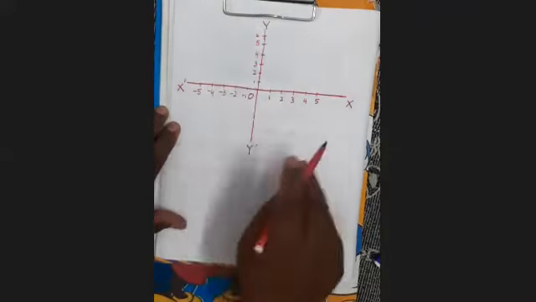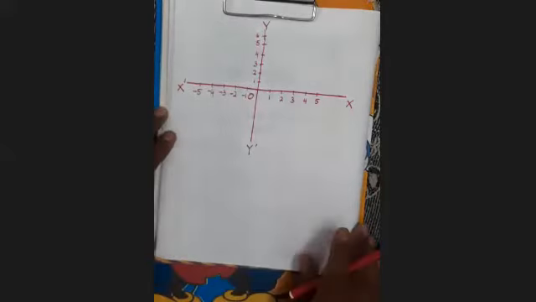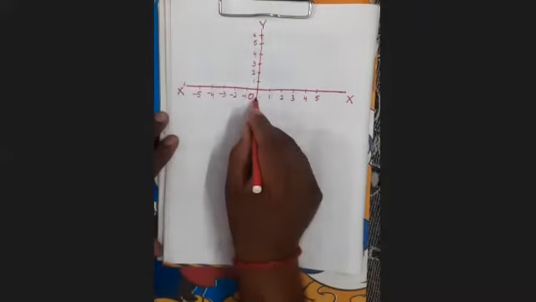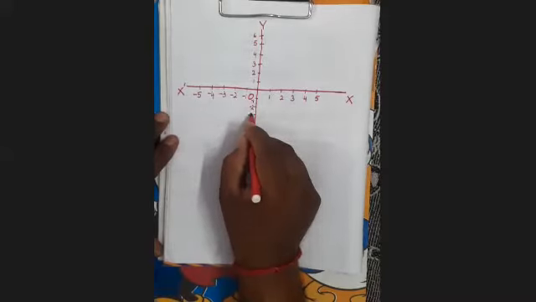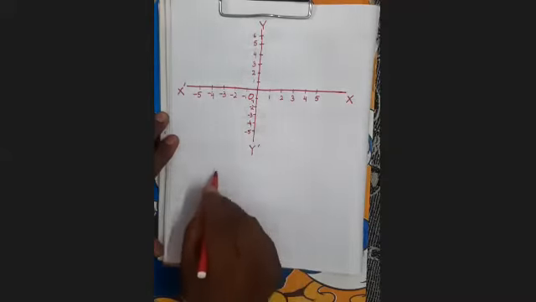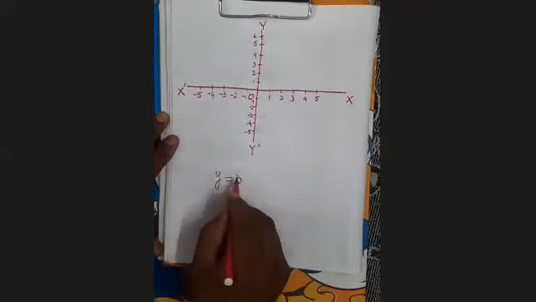Similarly on this side, you can mark -1, -2, -3, -4, -5. Now y equals 5.